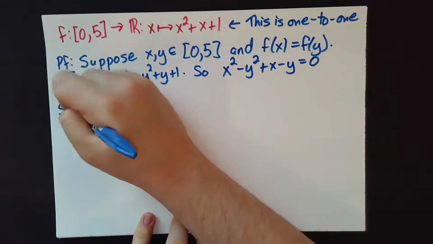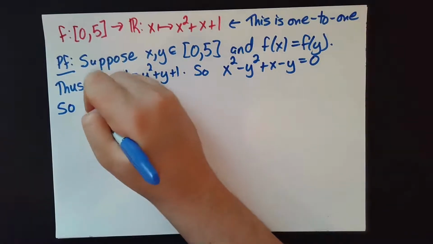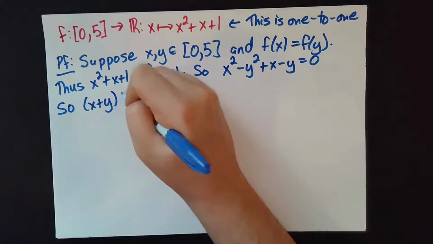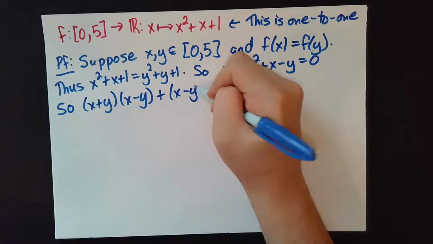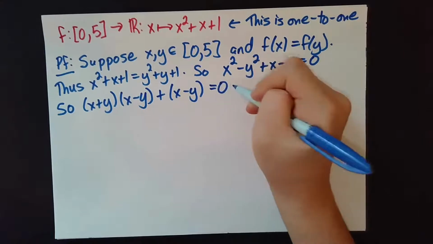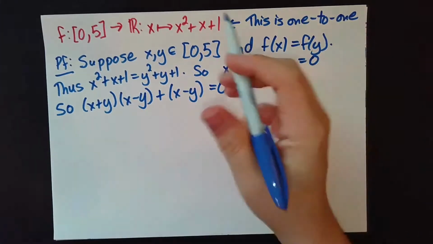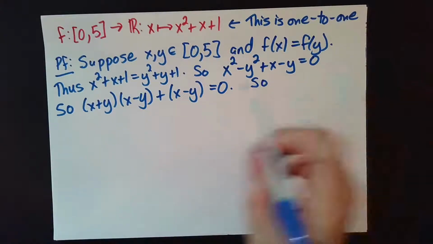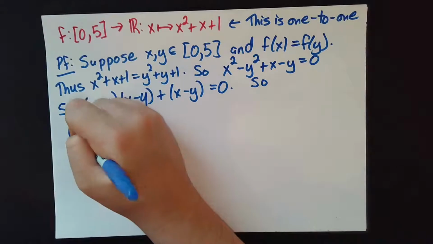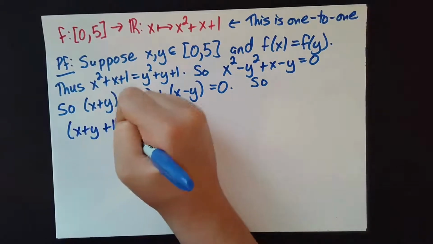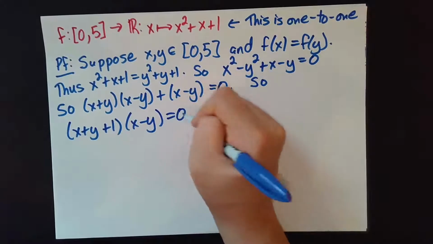And so I get to do some factoring. So this is going to be x plus y times x minus y plus x minus y is equal to 0. And so now this actually says x plus y plus 1 times x minus y is equal to 0.